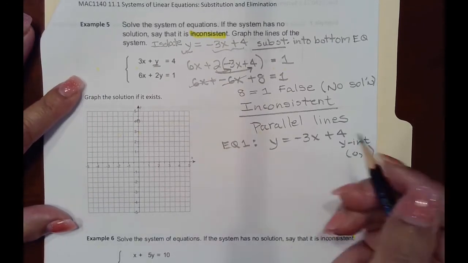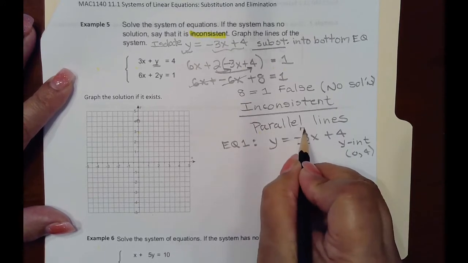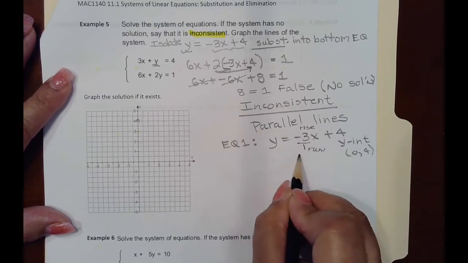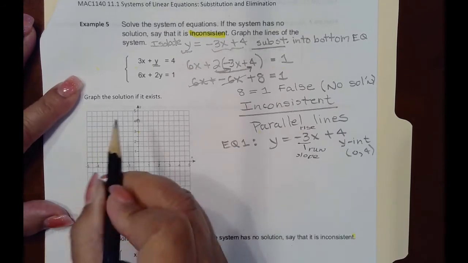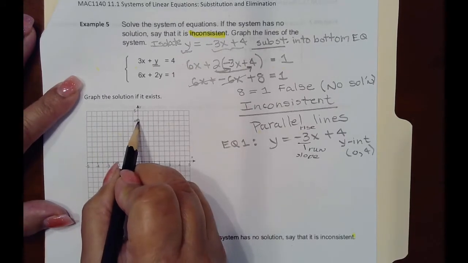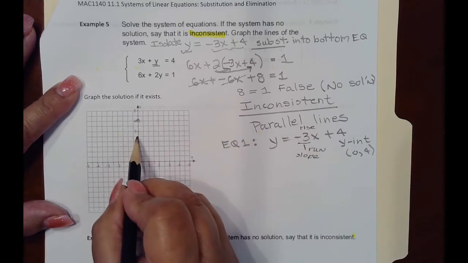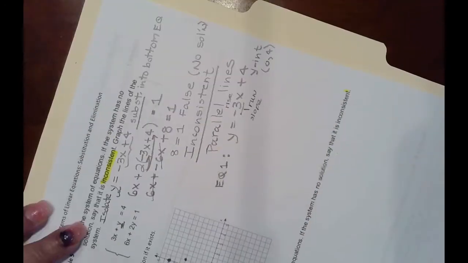But instead, since I don't have that available, I can just use this slope, referring to it as rise over run. After you make those 2 moves that represent the slope, you'll have another point. So from this 1 point that I've plotted, we're going to rise down 3, 1, 2, 3, and we're going to run 1. And then we're going to connect those. Let me turn this sideways for a minute.